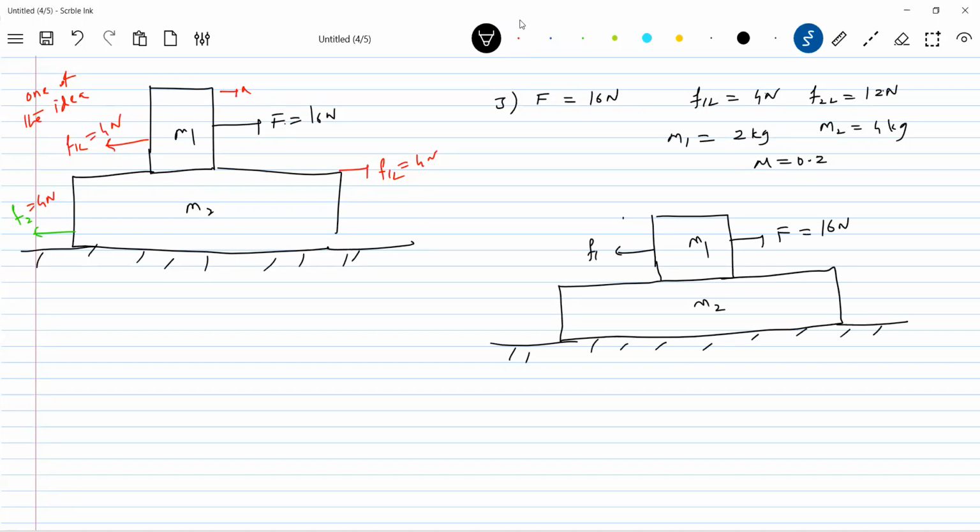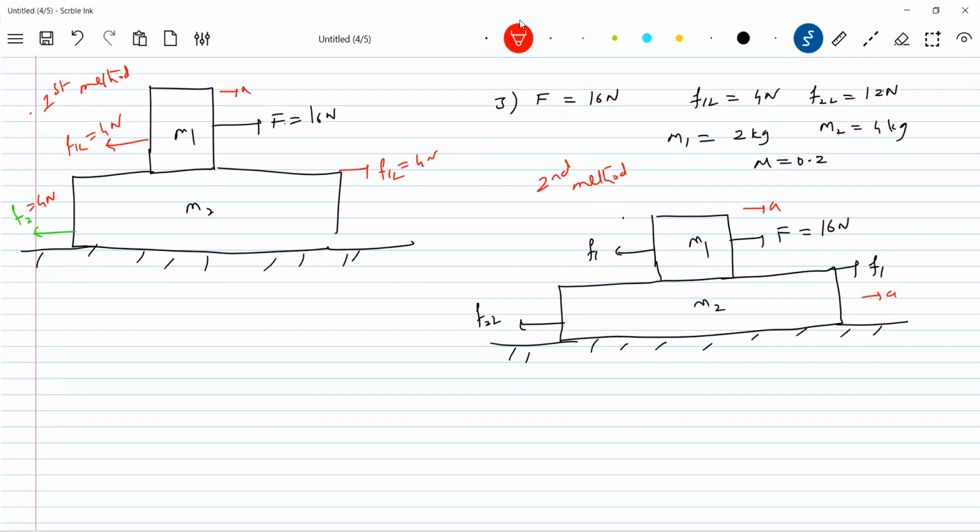I'll assume that no slipping occurs. They will have common acceleration. Two different situations: the first idea, or first method, and this is the second method.